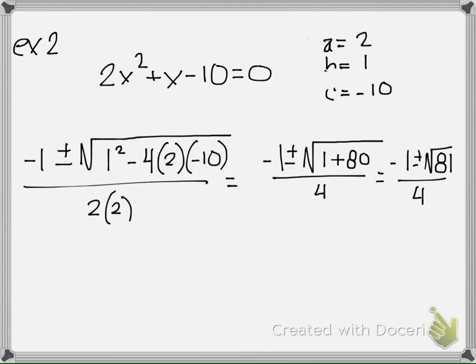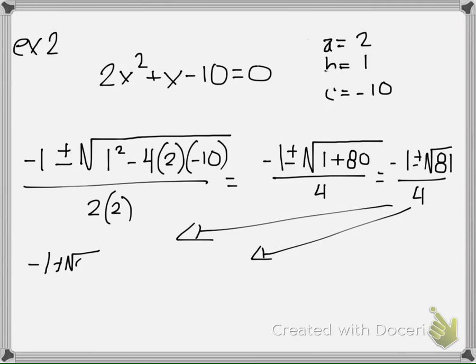Now I see that my square root area, that square root is fully simplified. So I can go ahead and split our equation into two different parts, which is negative 1 plus root 81 over 4, and negative 1 minus root 81 over 4.